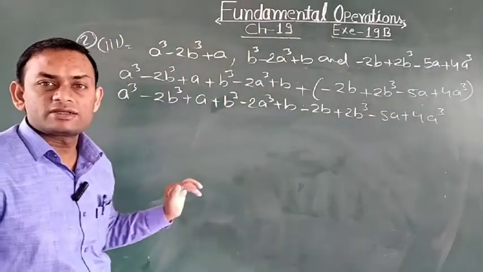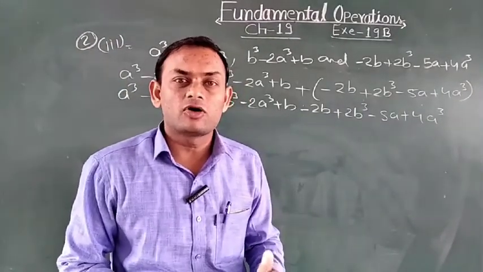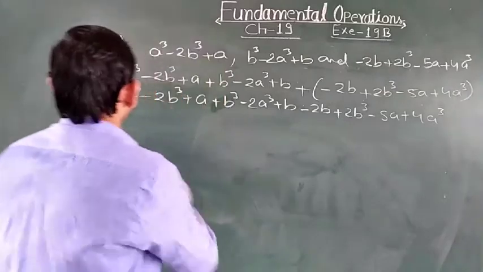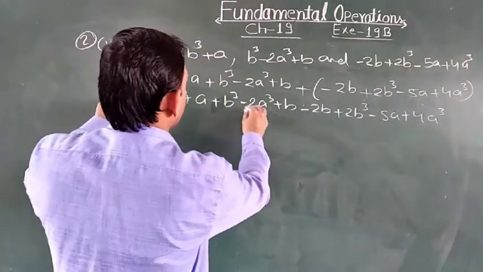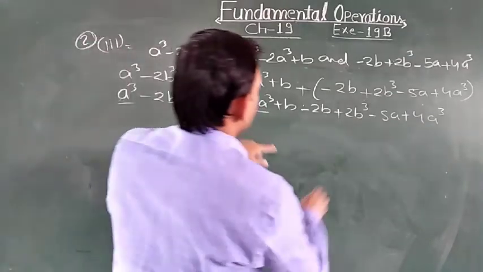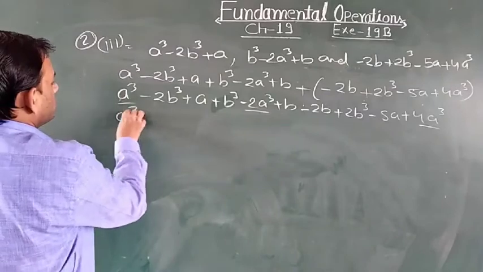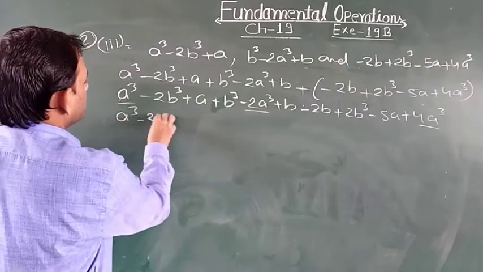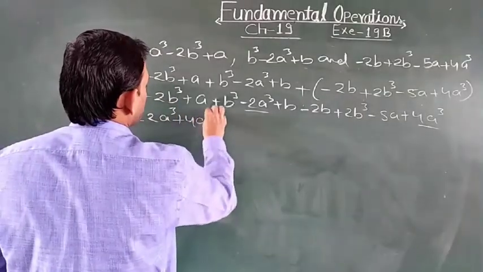Now, in the next step, we will make a group of the like terms, which means we will write all the like terms together. This is a cube, and where is the other a cube? This is a cube. So a cube, then minus 2a cube, and then plus 4a cube.